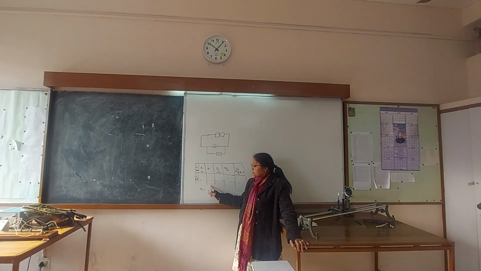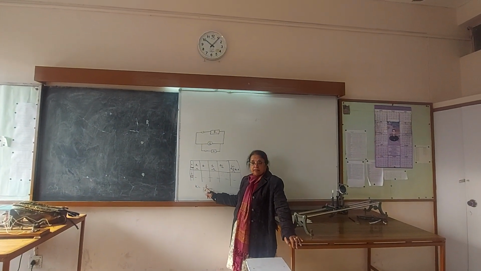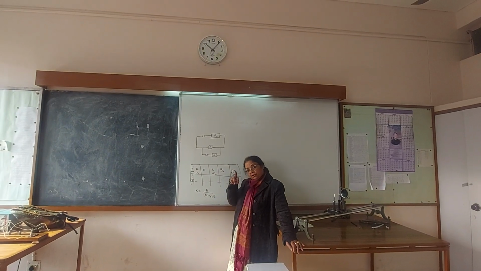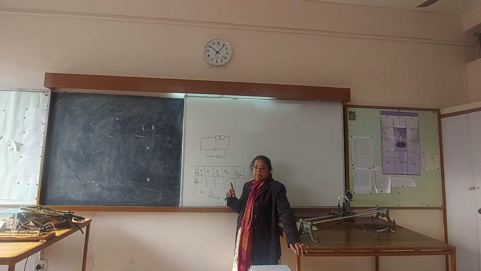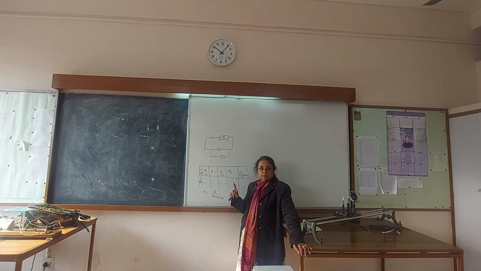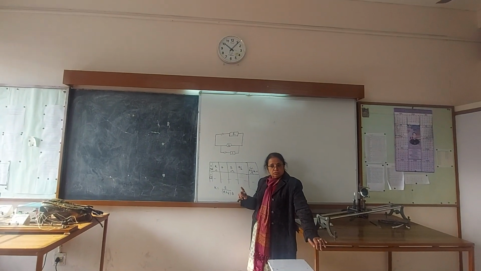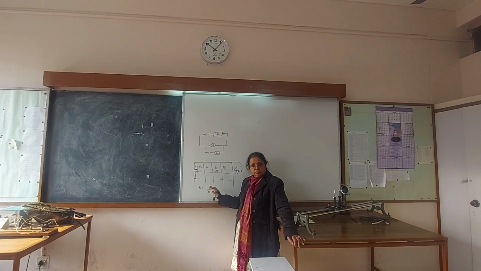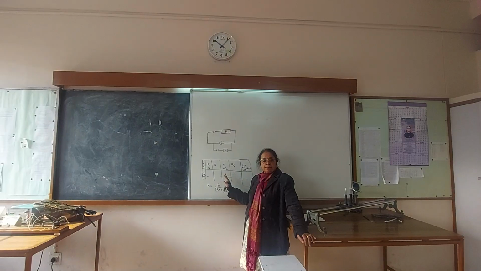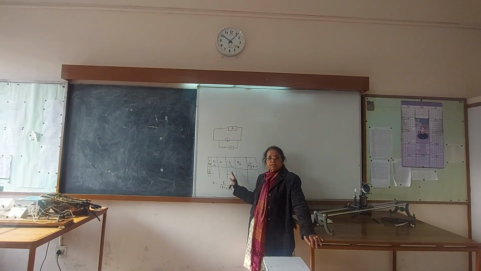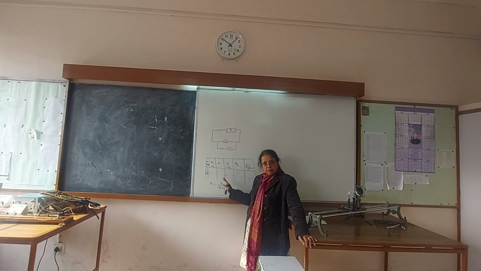Low value means a low value of current also can be detected. So that is why the value is of the order of 10 raised to the minus 5. Clear to all of you? So this point you should know when you are talking about the half deflection experiment. Okay, clear to everybody?